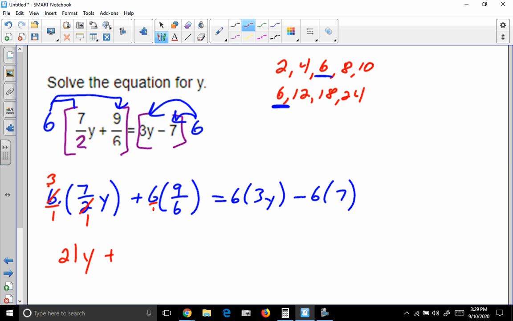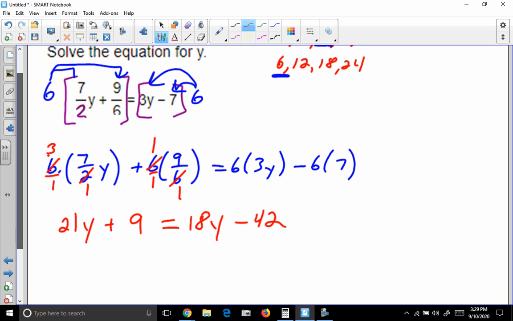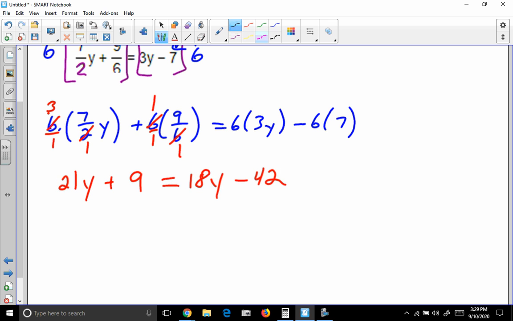For the next term, 6 goes into 6 once, so we're left with 1 times 9 over 1. On the other side, 6 times 3 is 18y. 6 times 7 is 42. So we have made the fractions go away.